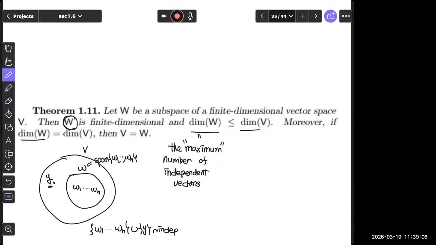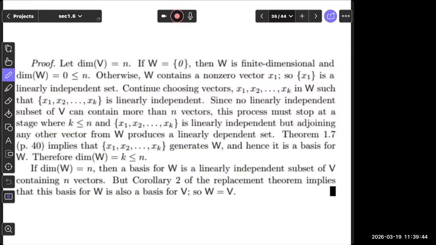Then we have a problem, because the dimension of the original space will be greater than or equal to n plus 1, so it cannot be the same as the dimension of W. That is a contradiction, which means there is no such Y outside of W, meaning V and W are the same. So we have such a proof, so you can read this.